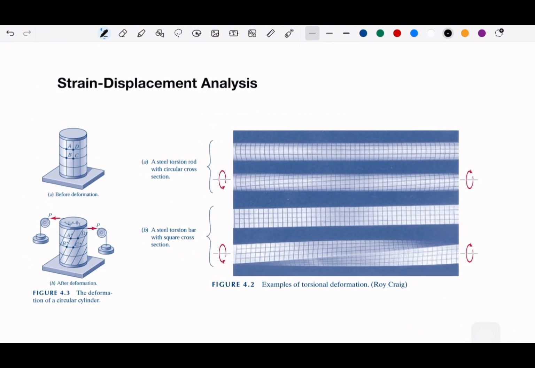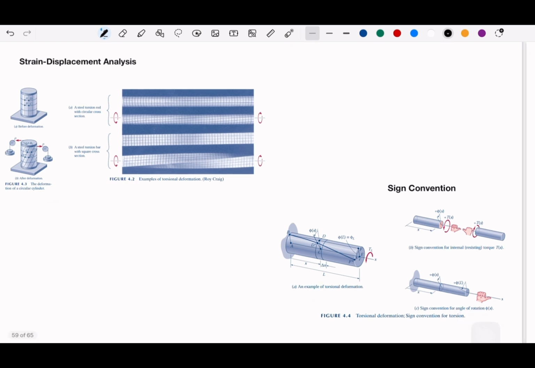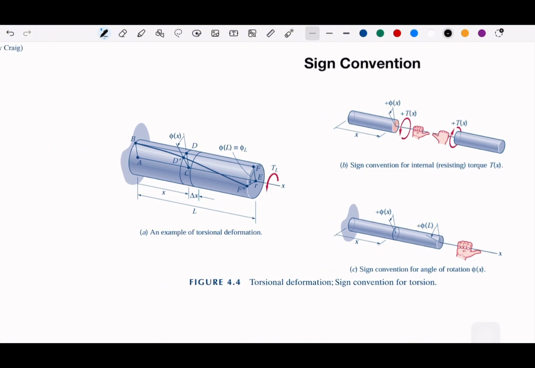By taking the strain displacement analysis that we have before, we are going to have the sign conventions. Let me start from here. The longitudinal axis is the x-axis, if you could see from that point of view. And then we have the origin, the axis.